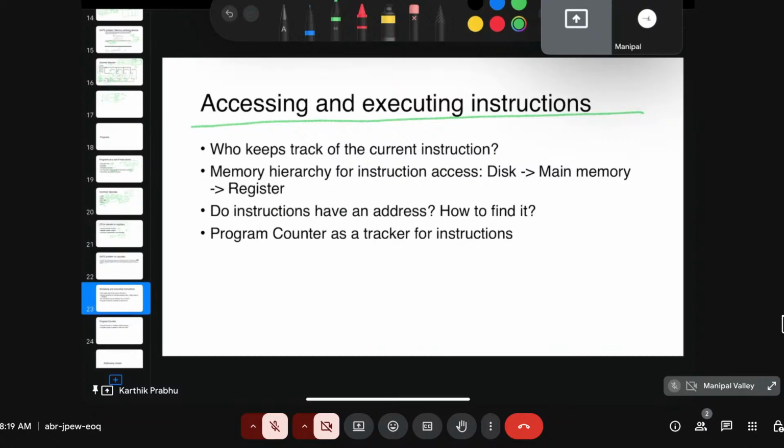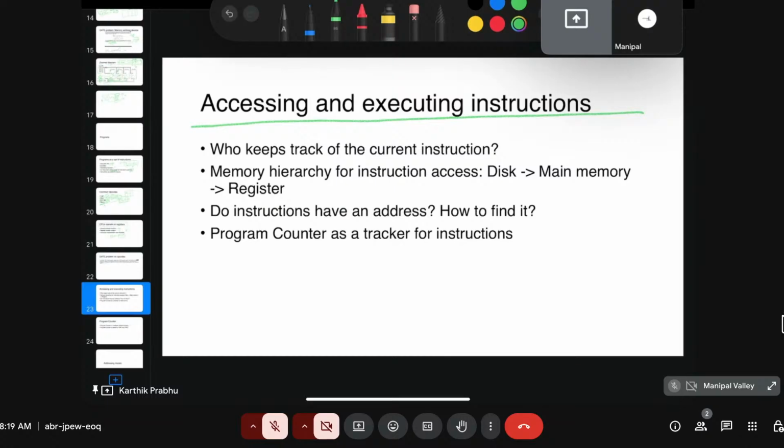Every instruction to be executed will have its own address because at minimum an instruction needs to be 1 byte, it cannot be less than 1 byte.